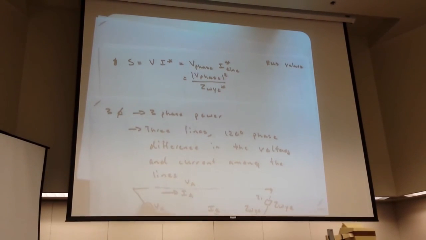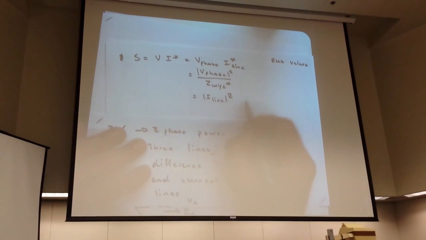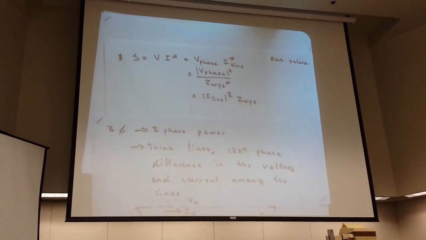Or alternatively, I line squared times Z Y. This is complex power, depends on what Z Y is. And so the same thing we've done before, nothing's changed.